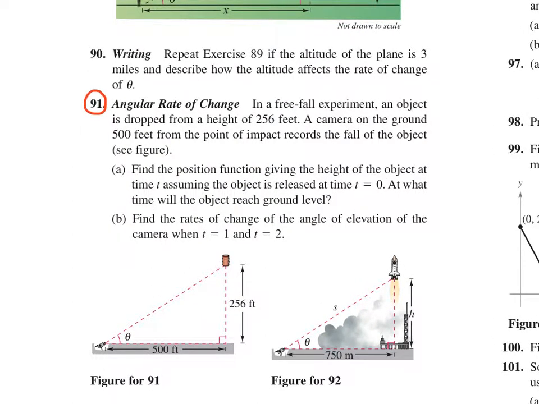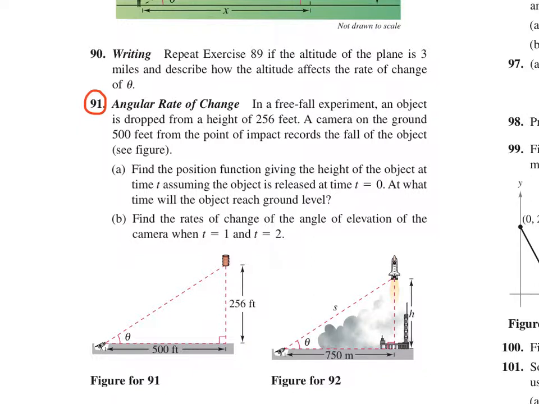Here it's a free fall experiment. It's dropped from a height of 256 feet. And again, you have this camera that's watching it drop. By the way, find the position function. Don't forget about our free fall. Our initial velocity is 0, right?